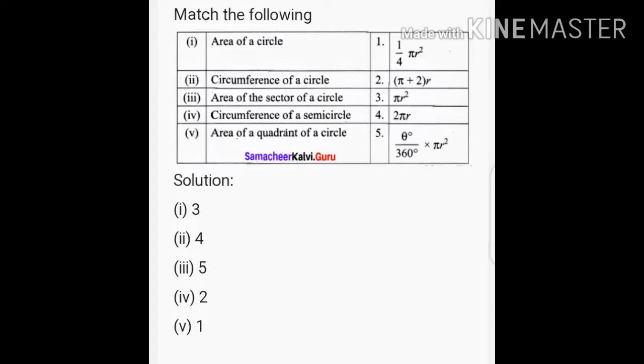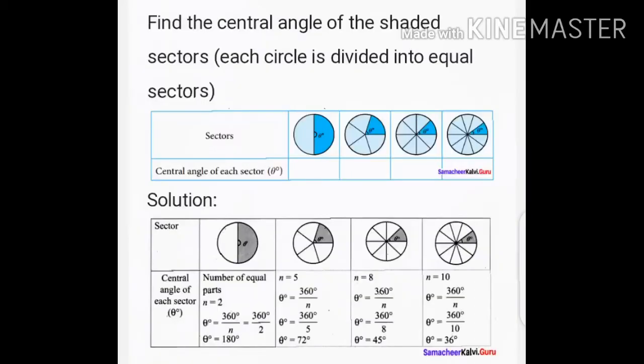Next, we are going to move on to the third sum. In exercise 2.1 third sum, what is the question they are asking you to find, dear students? They are asking you to find the central angle. Just see the question. You have 4 circles here. I'm going to take the first one. The first one is divided into 2 parts.